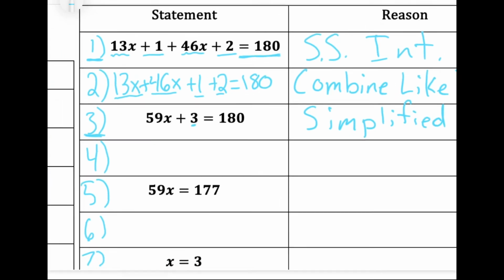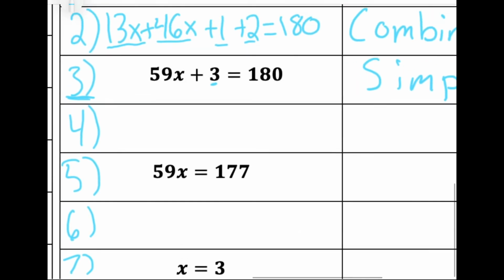And then we keep going because x is not by itself, so we have not solved this. Proofs are just explaining in words why you know you can do certain things, or why you need to do certain things to get x by itself. So in between statement 3 and statement 5, what changed? Well, we moved this plus 3.